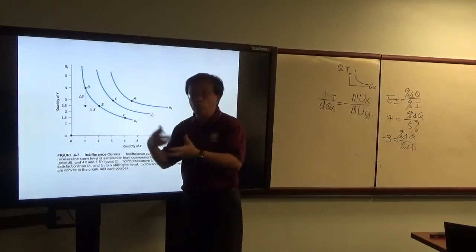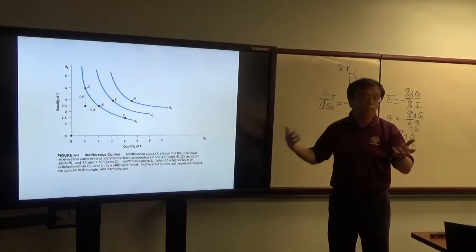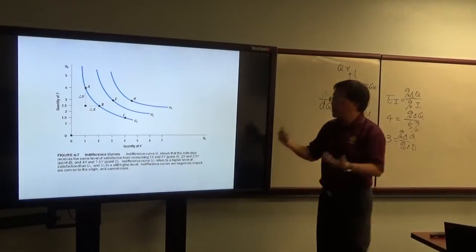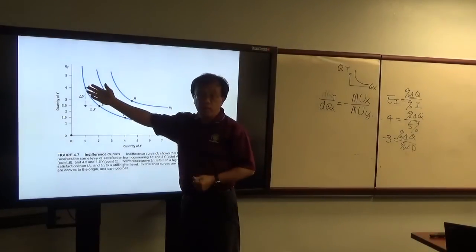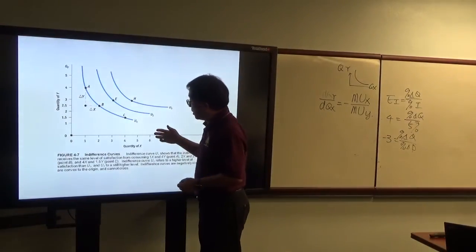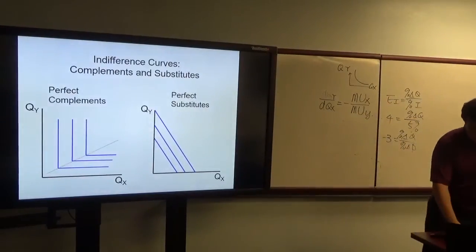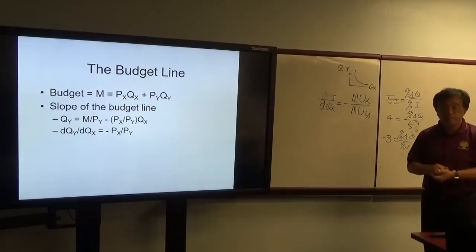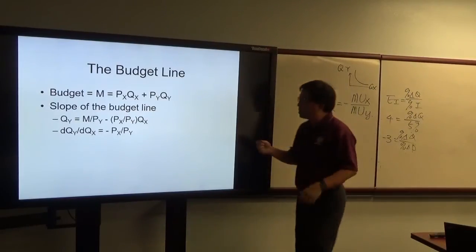So we have to make a choice based on our income and also the price of pizza and beer. Because if pizza is getting more expensive, then we have to consume more beer. And in this case, that's the budget line. Now our budget line actually is pretty simple.